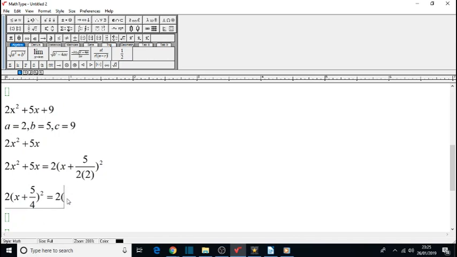So x multiplied by x will be x squared. x multiplied by 5 over 4 will be positive 5 over 4 x. x multiplied by 5 over 4 again will be another positive 5 over 4 x. So that'll be 10 over 4, simplified 5 over 2 x. And 5 over 4 multiplied by 5 over 4 is 25 over 16.